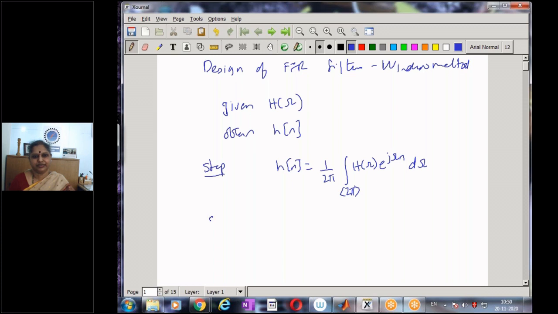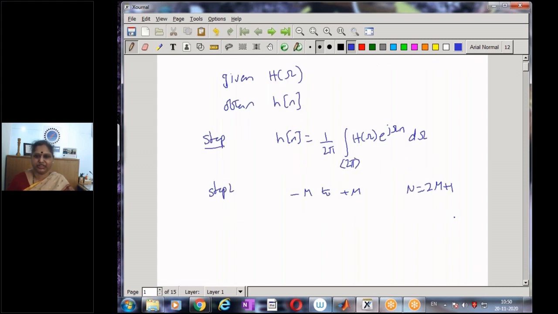And once we get this, second step, we truncate it from minus M to plus M, where n is of length 2M plus 1. We truncate it to a finite duration by multiplying h of n with a rectangular window function, where w of n is given by 1 for minus M to plus M, and 0 otherwise.